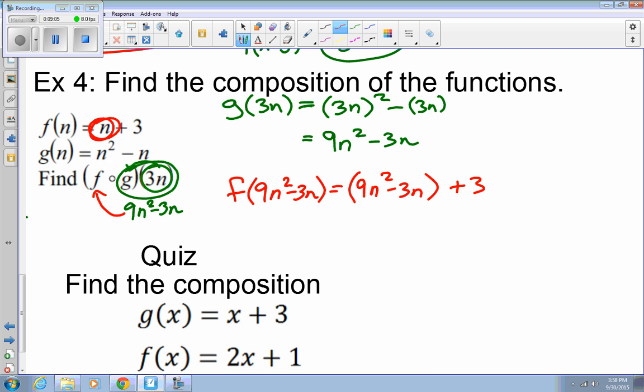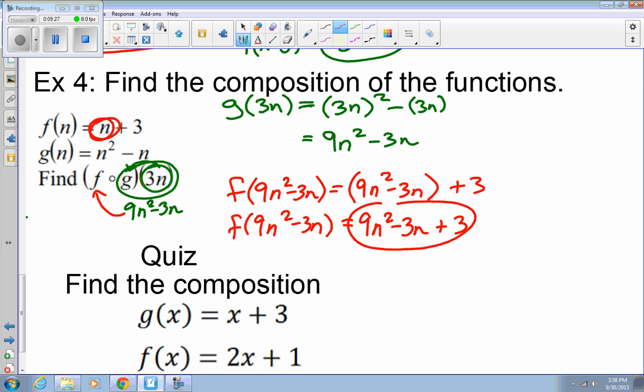And then we simplify this. So f of 9n squared minus 3n equals, simplifying this, you can drop the parentheses, there's no multiplication with it. It's just a plus 3 on the outside, and there's no like terms with it. So in the end, f of g of 3n is 9n squared minus 3n plus 3.